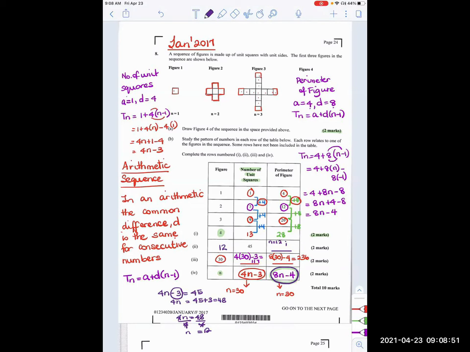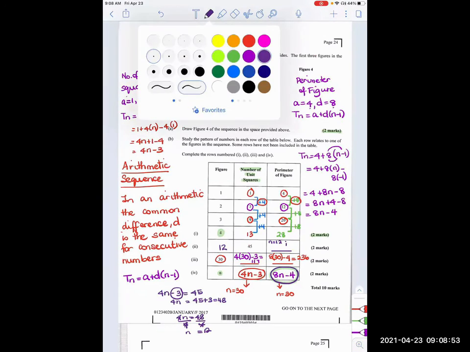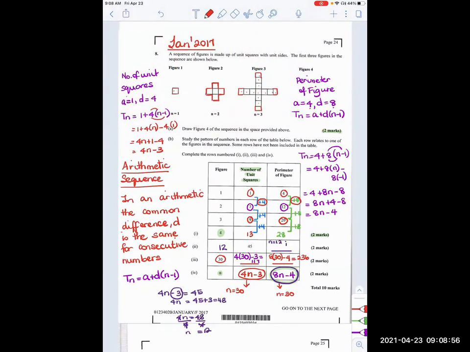Did you all get the answer? Yeah, miss. We are supposed to get 8 times 12 minus 4, which is 96 minus 4, which is 92. Did you all get that? Yeah, miss.